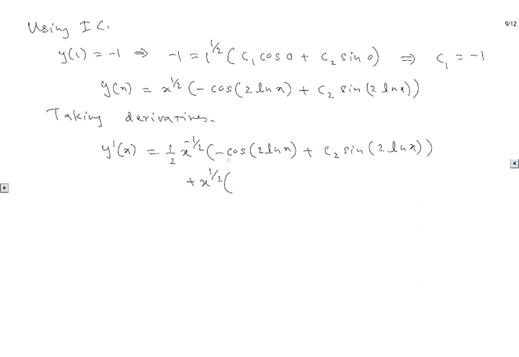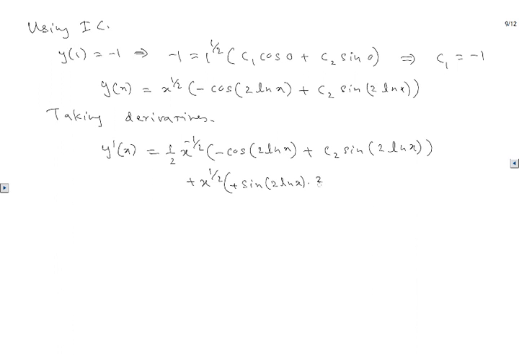The derivative of cosine becomes a negative sine, and with the negative sign in front, it becomes positive. So we have positive sine of 2 ln x times the derivative of the inside function, which is 2 times 1/x.